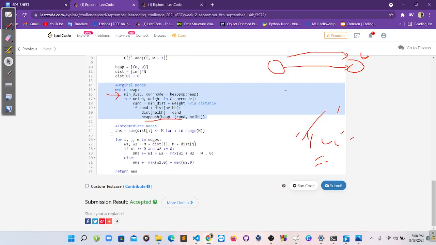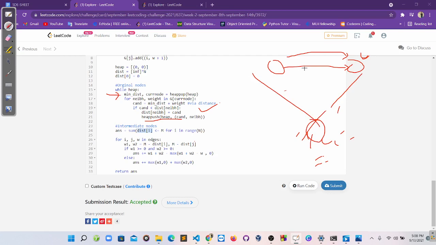Now, what is this answer? The answer is a very simple thing. We are calculating all the distances needed from one node to another node. For each big node, we calculate how much distance is needed from there to there.